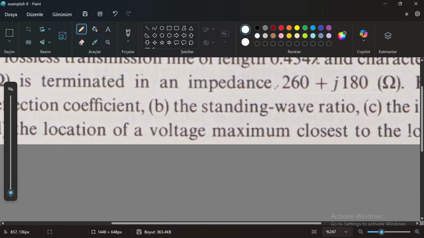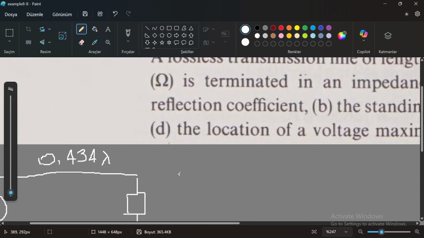And this is our output impedance. I am using the touchpad, so it is taking a while.